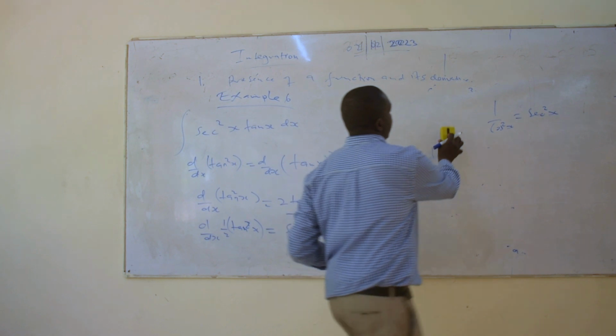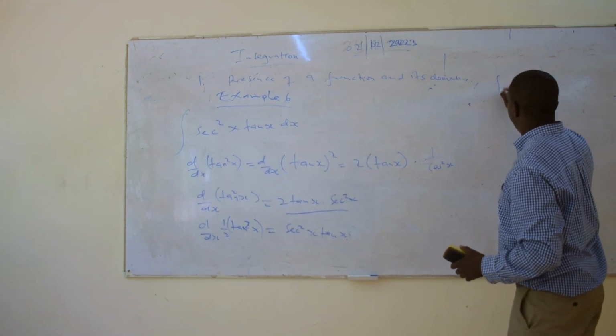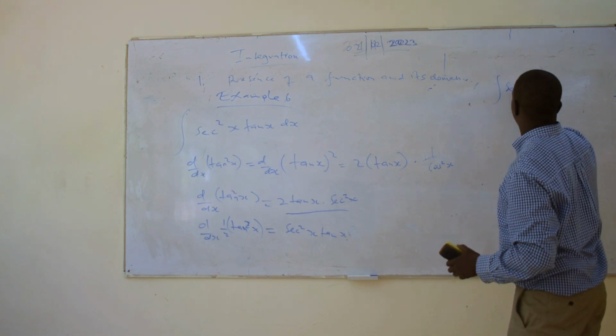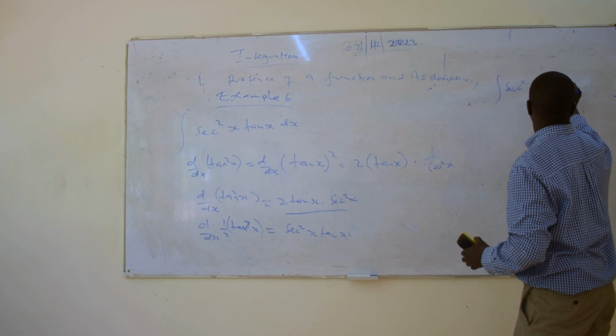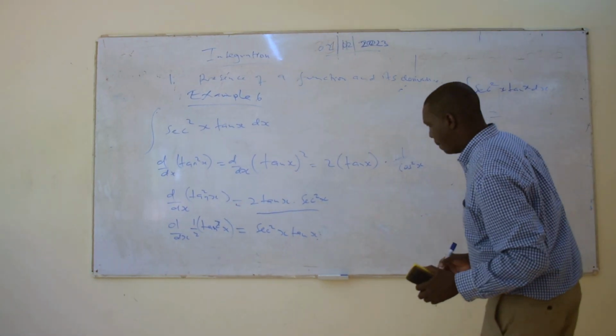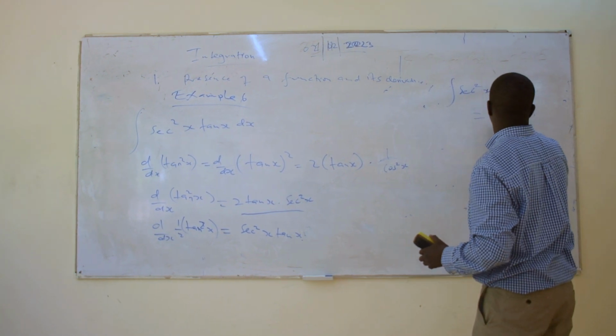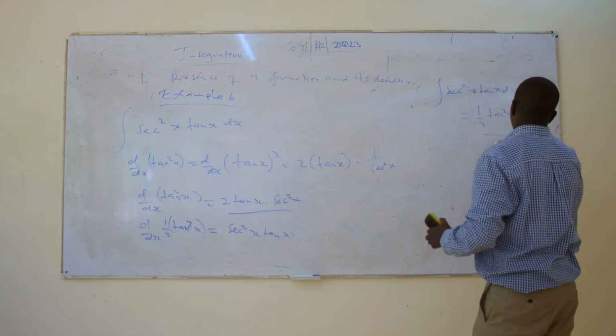It therefore means the integration of sec squared x tan x dx is equal to a half tan squared x plus the constant term c.